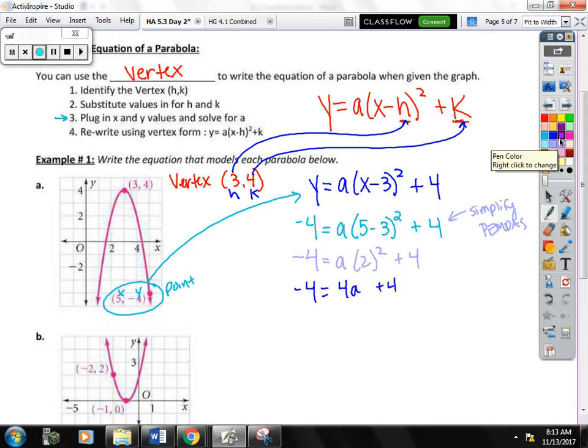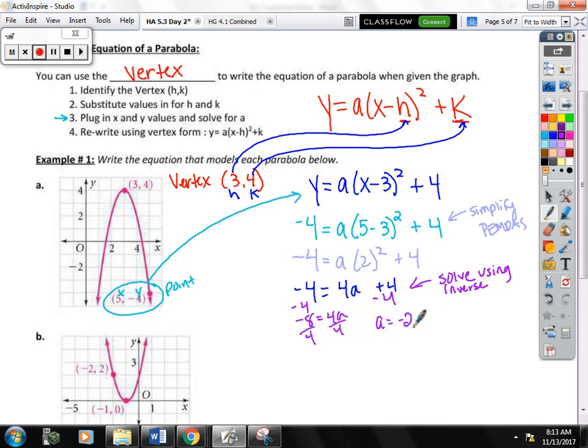And then we just solve using inverse operations. So we would subtract 4, get -8, divide by 4. Look, a is -2.